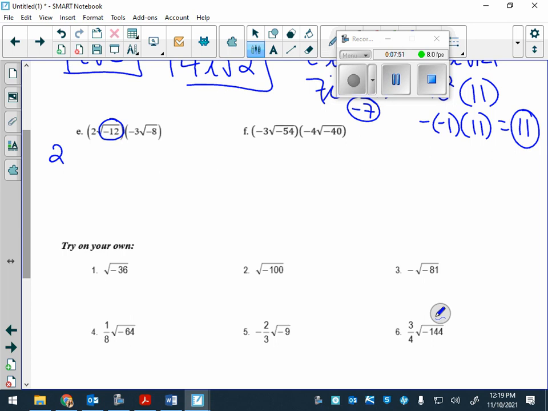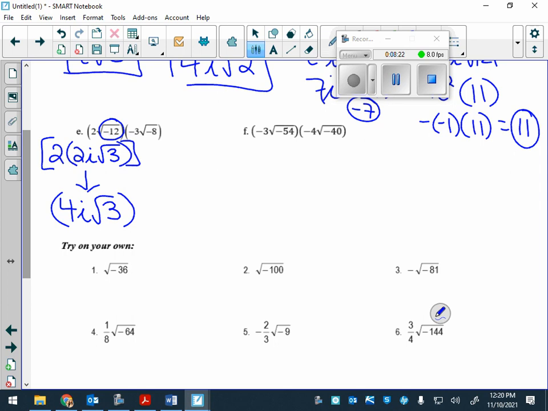What would that simplify to? Andrew? What do I also have to include there? Good. So we have 2i root 3 for that first one, which I could multiply now. 4i root 3.